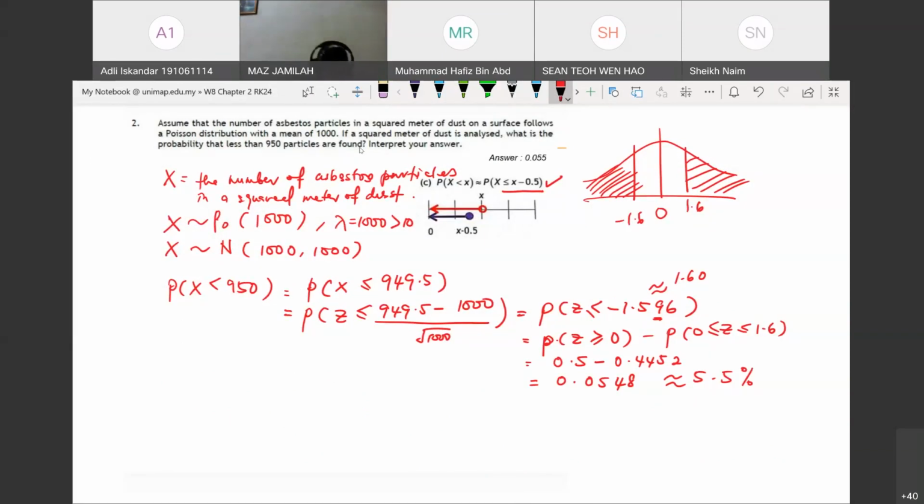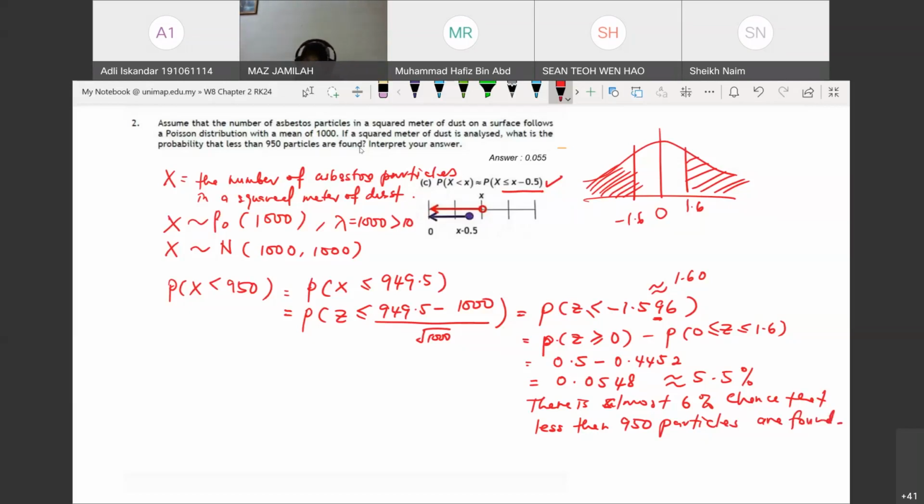Interpret your answer. So you can see there is almost 6% chance that less than 950 particles are found.